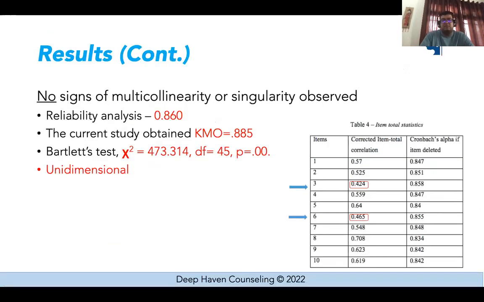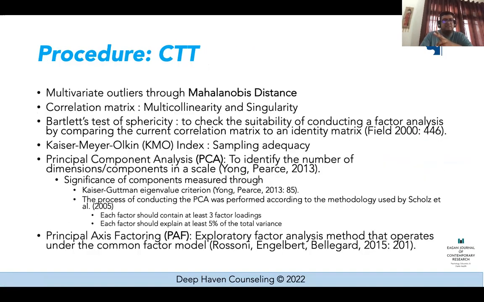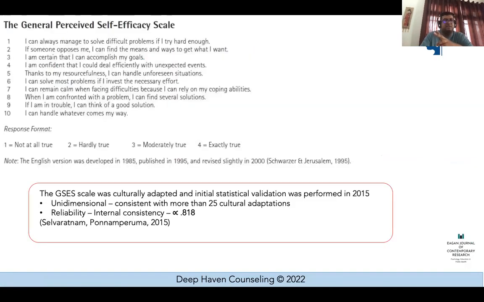But look at this, item 6. Even this one says item 6 has a bit of an issue because the correlation is slightly lower. Now think about having 2 or 3 items like this, where when they are correlated with the rest of the items' composite score, the score is low, technically there could exist another factor. Let's see which one is this 6th item: I can solve most problems if I invest the necessary effort.